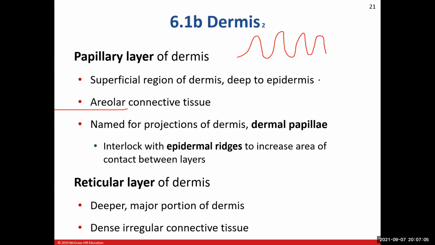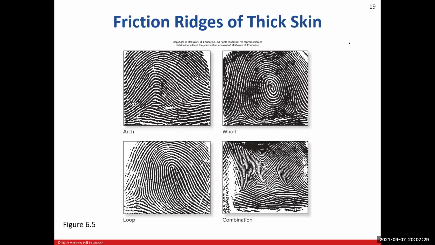And what we'll see is these bumps. All right, here's the dermis on this side of the bump, but on this side, that's the epidermis. And so where they interact with one another or interlock with one another, those are our epidermal ridges and those dermal papillae, which creates the friction ridges, our fingerprints.